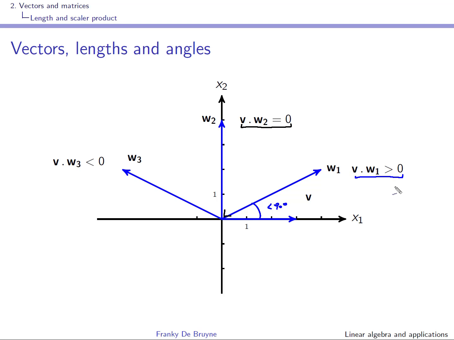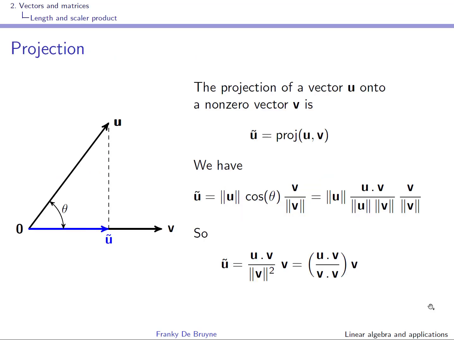Okay, and if the angle between the two vectors is larger than 90 degrees, so the angle is obtuse, then the underlying scalar product will be negative.